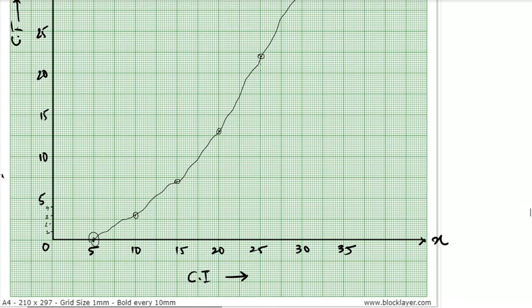If this is 5, after 4 lines it will be 6, and after 4 lines it will be 7. So the 7.5th term will be directly over here. This is the point of the 7.5th term.